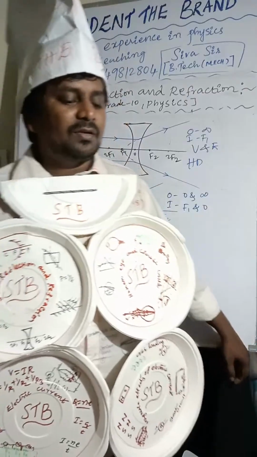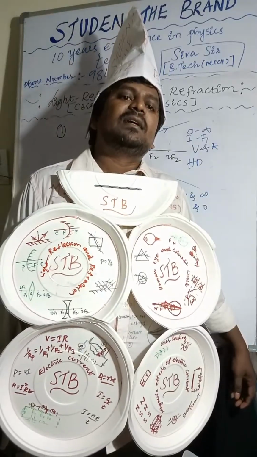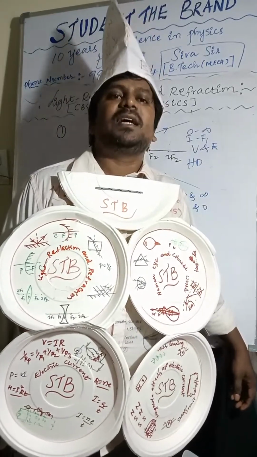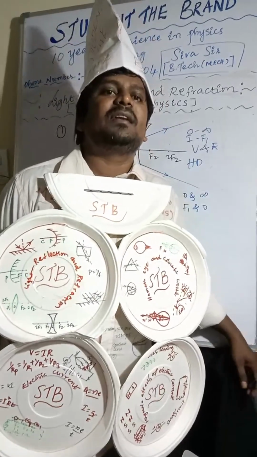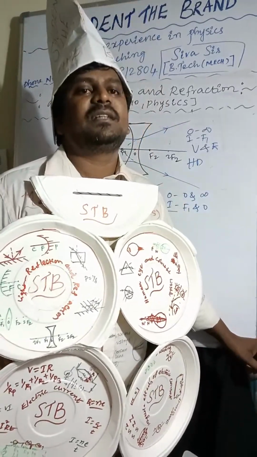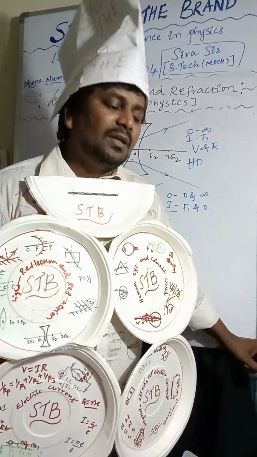So now we are going to one more formula. New Cartesian sign convention. All distances are measured from the pole.